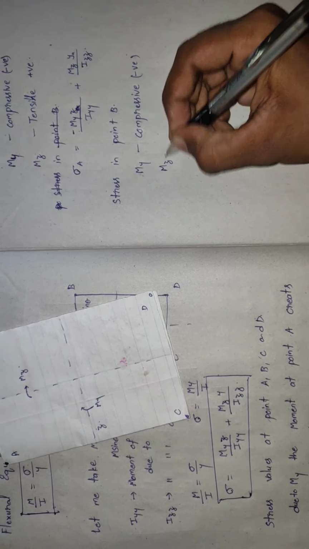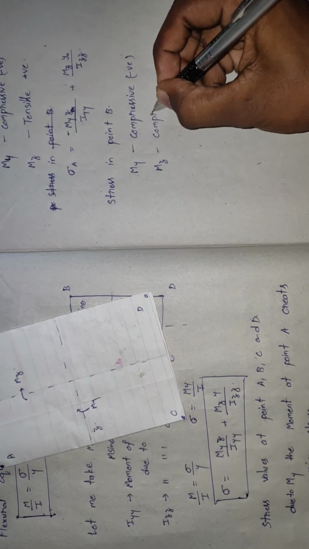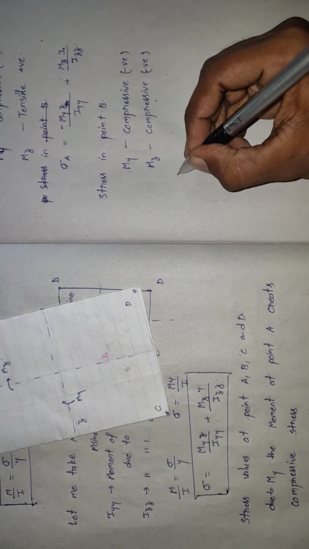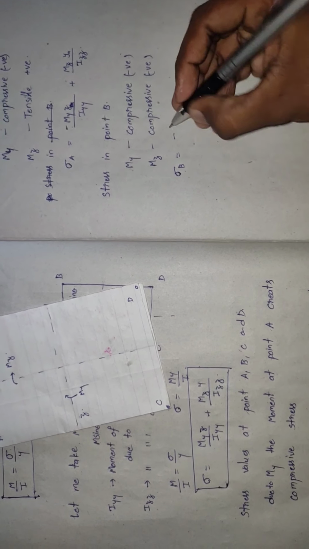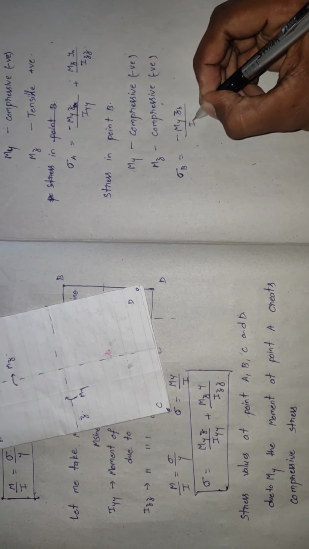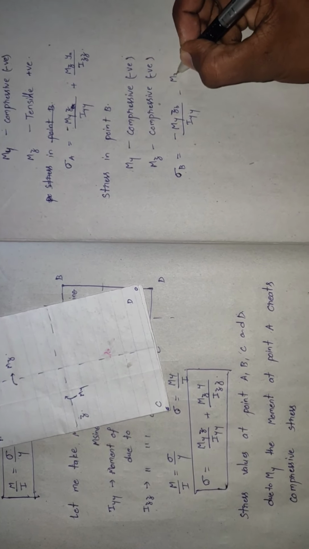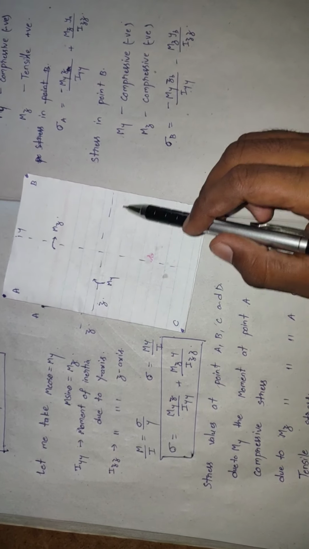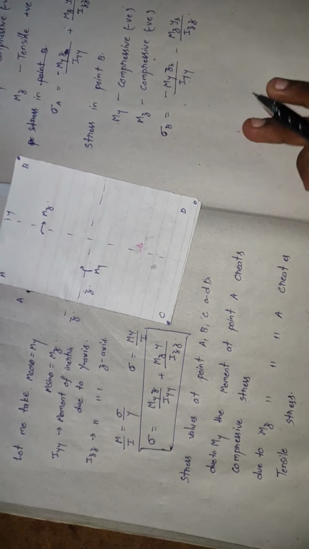Okay, Mz compressive. That is sigma B equal to minus My into Zb by Iyy minus Mz into Yb by Izz. We know that Iyy is moment of inertia along y axis, and Izz moment of inertia along z axis. This is for point B.